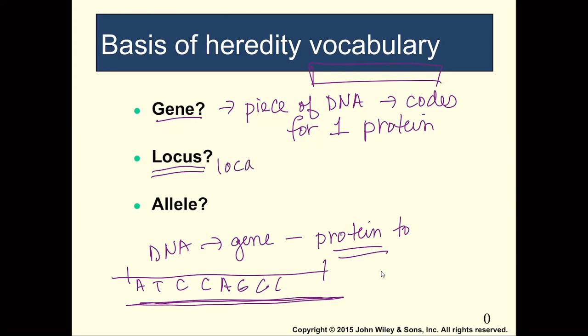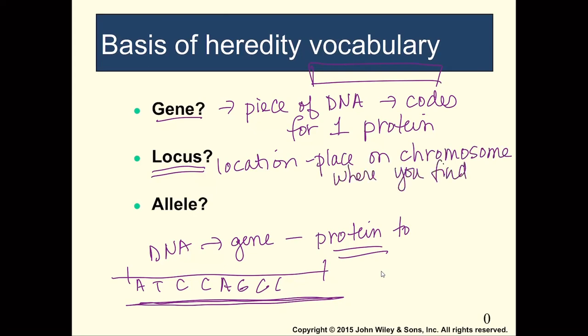So a locus is a place on a chromosome where you typically find a gene. So let's look at something.